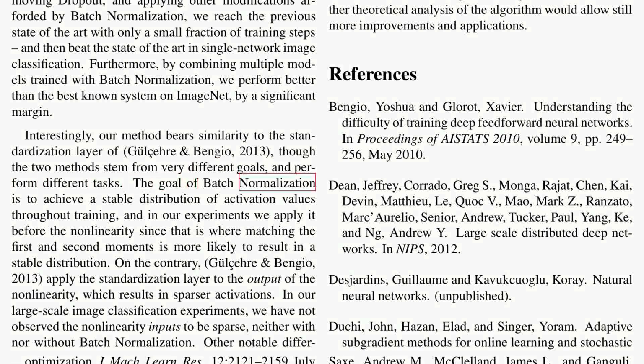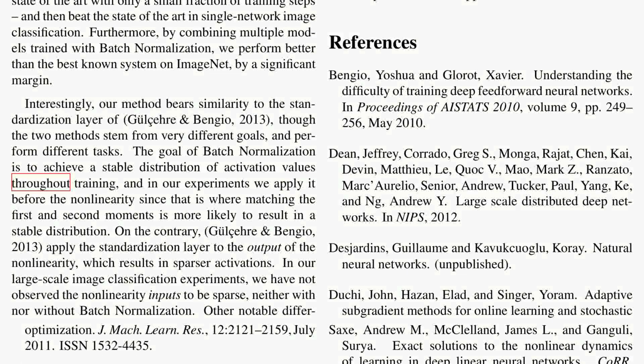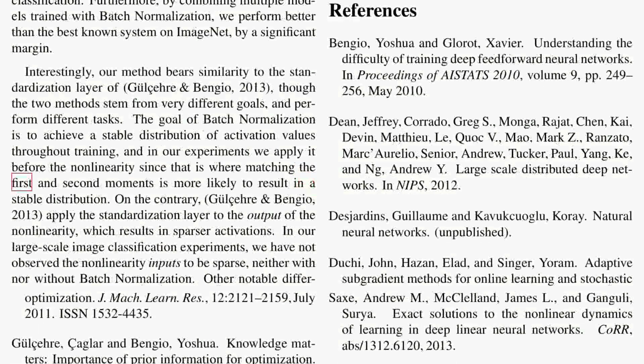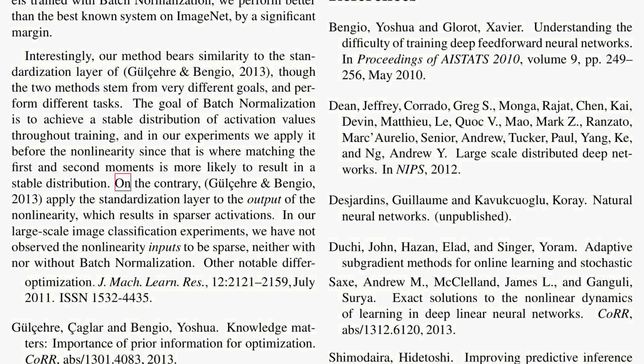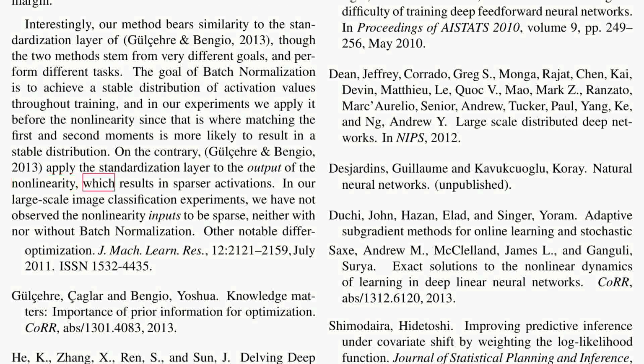The goal of batch normalization is to achieve a stable distribution of activation values throughout training, and in our experiments, we apply it before the nonlinearity, since that is where matching the first and second moments is more likely to result in a stable distribution. On the contrary, [they] apply the standardization layer to the output of the nonlinearity, which results in sparser activations.